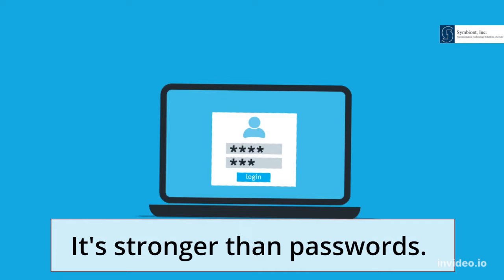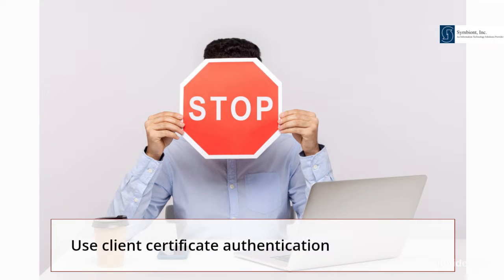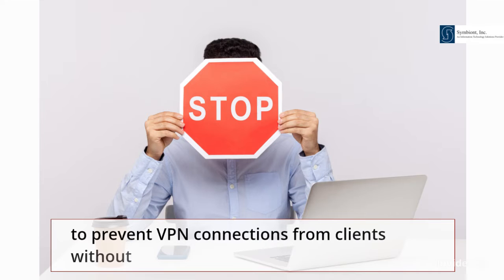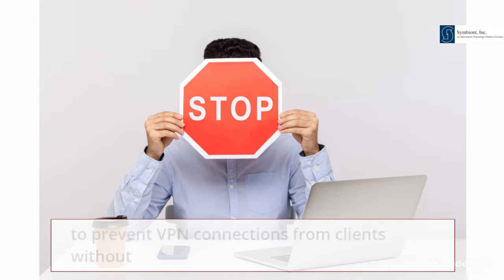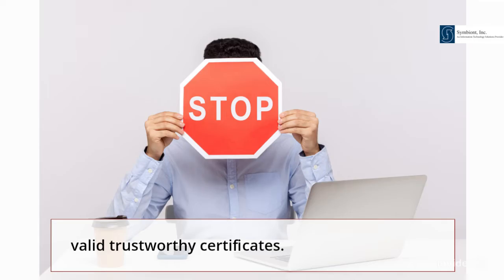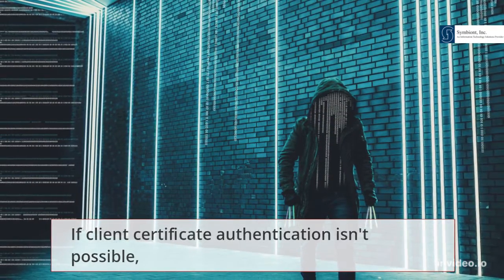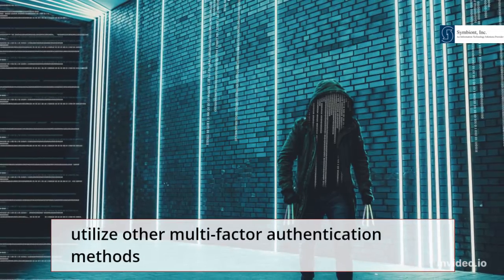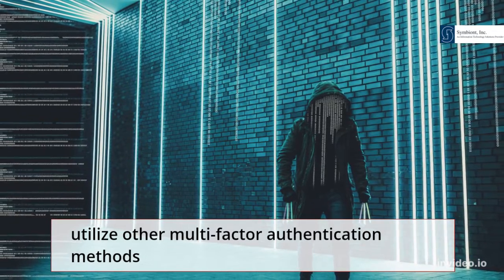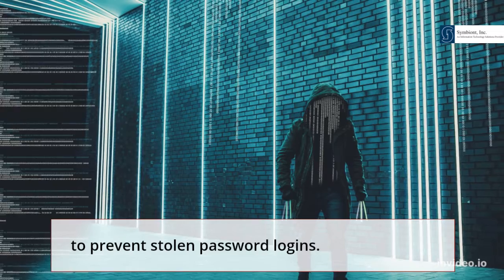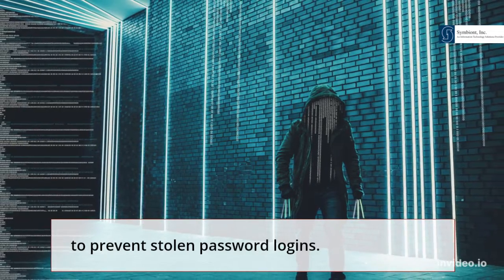When possible, use client certificate authentication so that the VPN won't let connections from clients that don't have valid, trusted certificates. If the client certificate authentication isn't an option, use other forms of multi-factor authentication to stop bad actors from logging in with passwords that have been stolen.